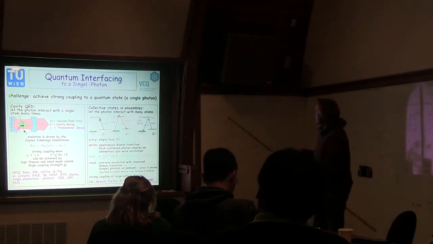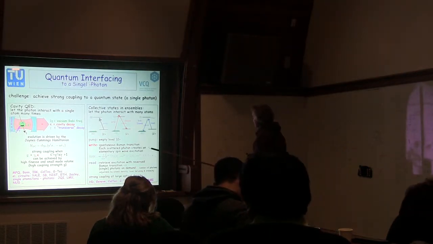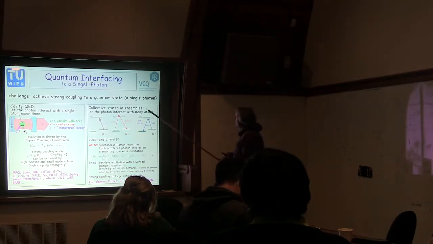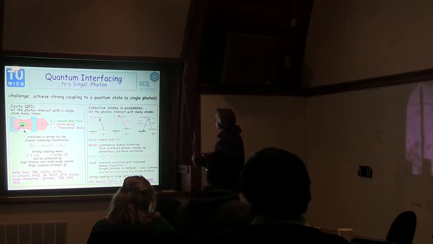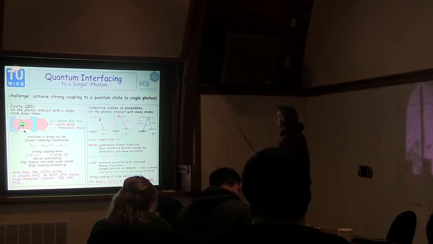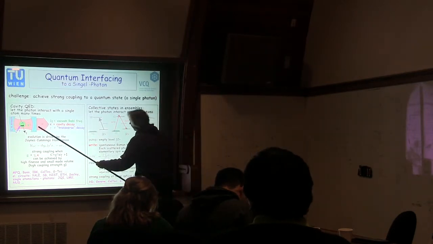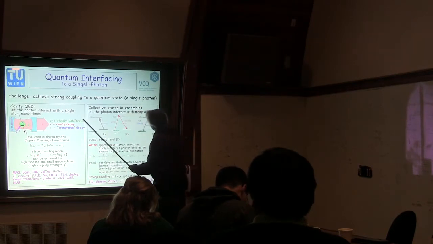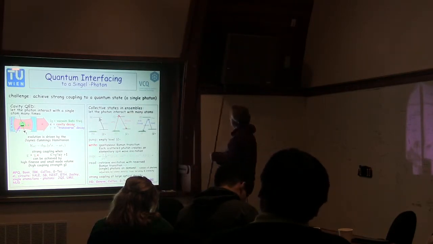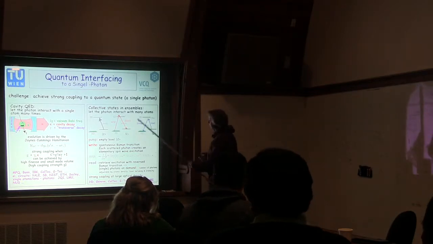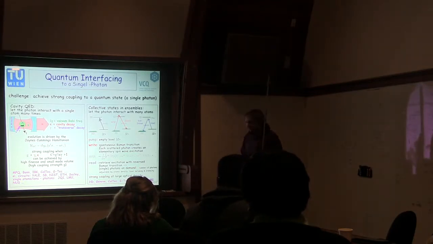Okay. I showed you this transparency before. If you want a single atom interacting with a single photon, you can either use cavity QED, where the photon interacts many, many times with a single atom, or you can use collective states in ensembles, where many, many atoms interact with a single photon.